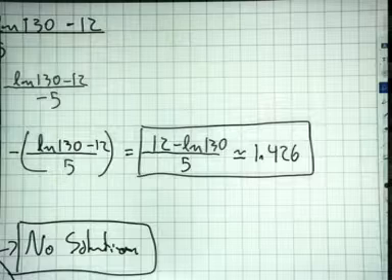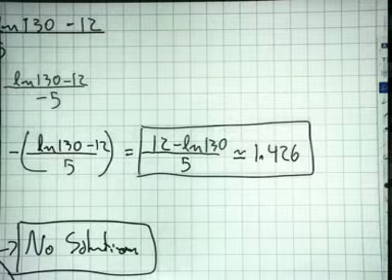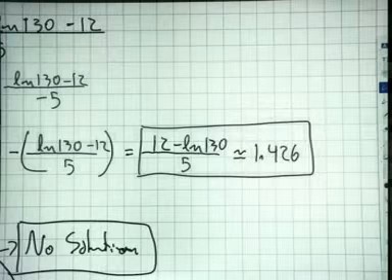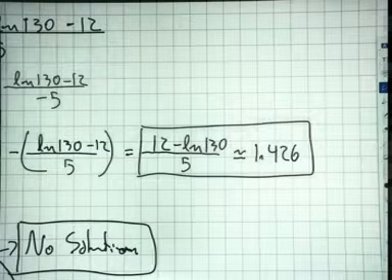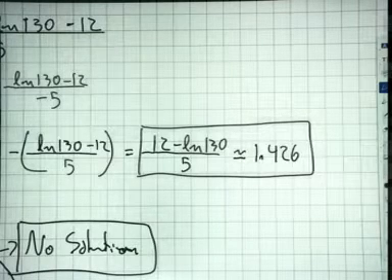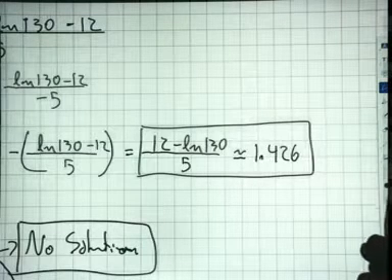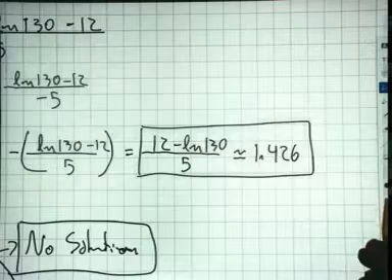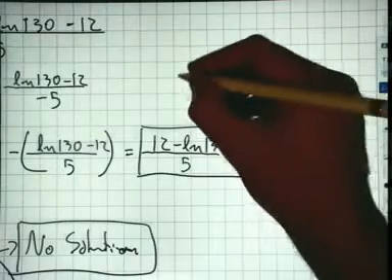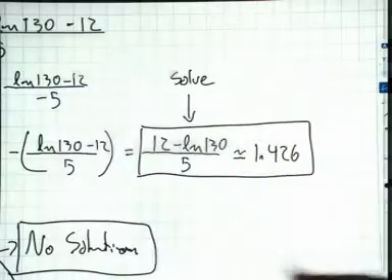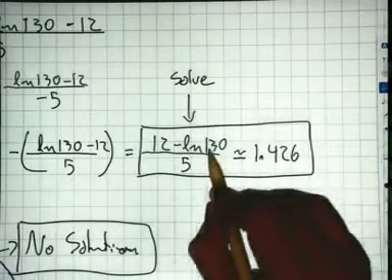Does that make sense? Hey, so you got a calculator that you can use on a test. Use it to check your answers. But remember what I'm looking for. When I say solve, ultimately this is the answer that I'm looking for.